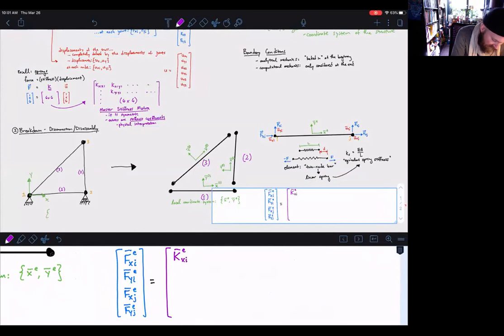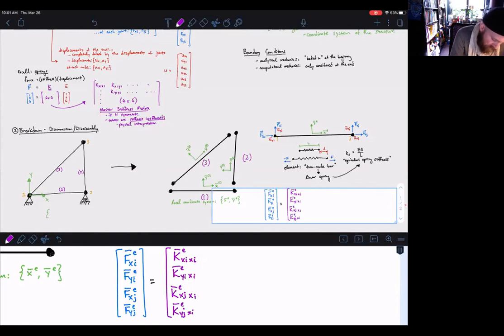This one is K xi xi, K yi xi, K xj xi, and K yj xi.